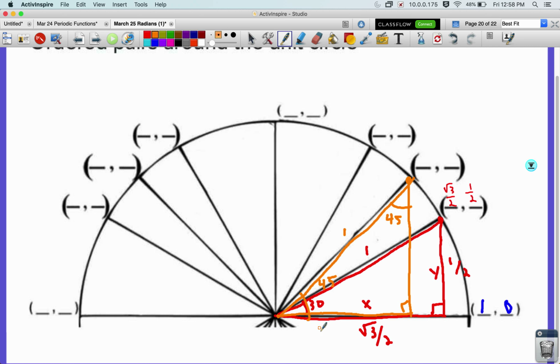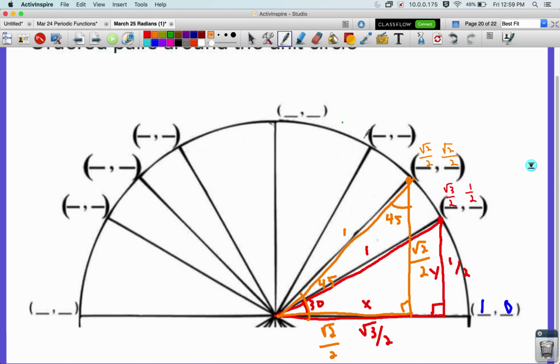And when this side length is 1, then these side lengths must be the square root of 2 over 2 and the square root of 2 over 2, which give me my x and my y values. So I get square root of 2 over 2, square root of 2 over 2.